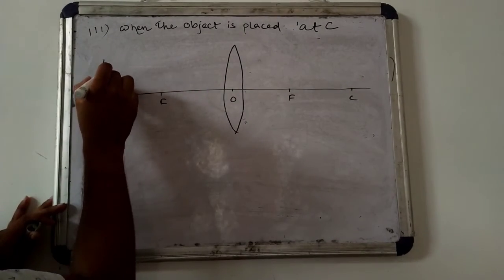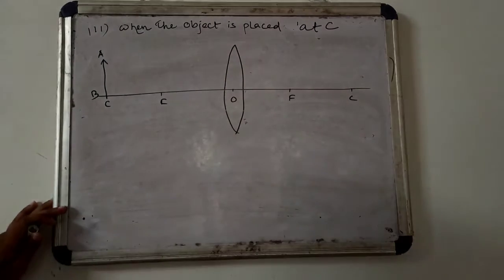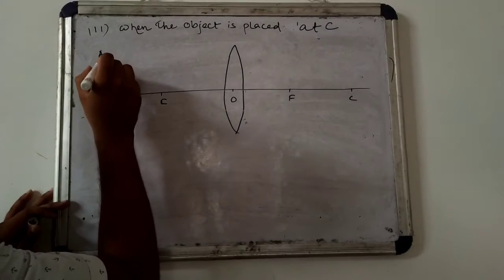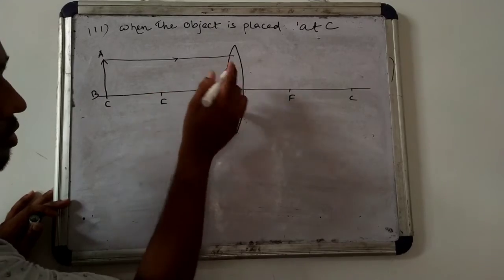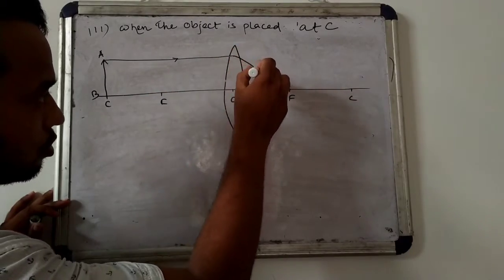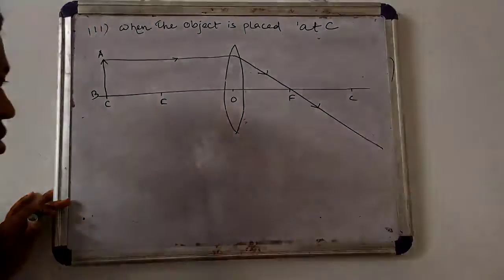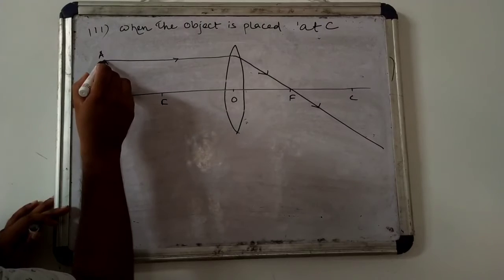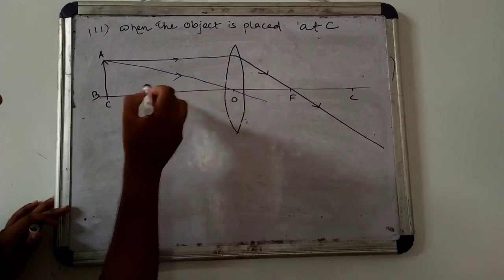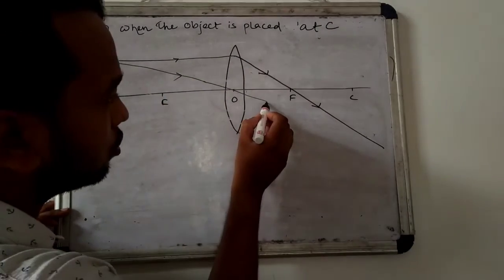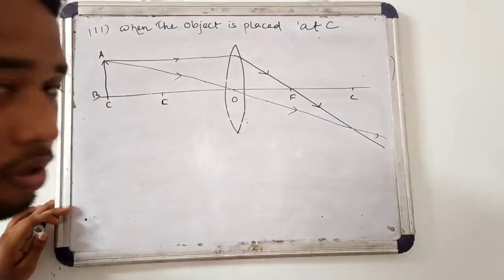Now I place the object here at the center of curvature, AB. This is our object. Now this is the ray parallel to the principal axis. After refraction, it will pass through the focus. Now we take another ray which passes through the optical center.